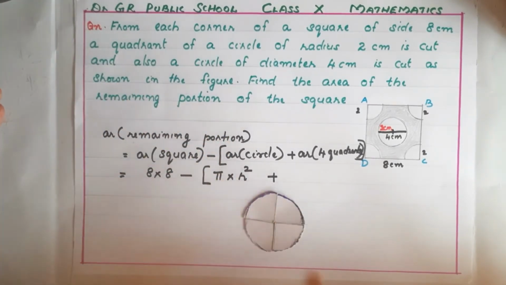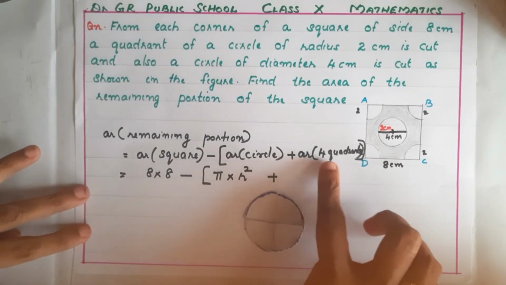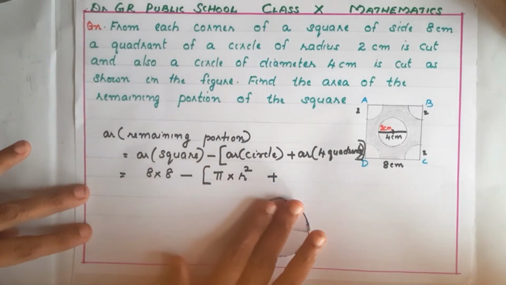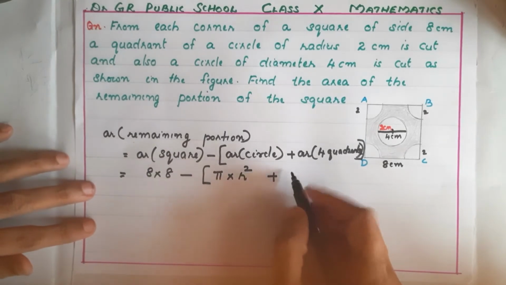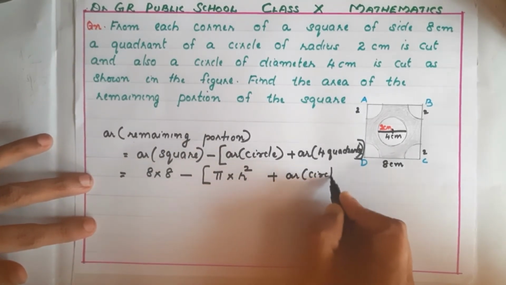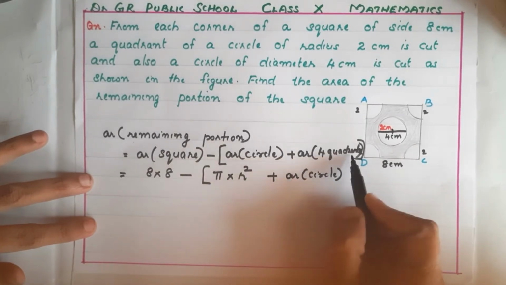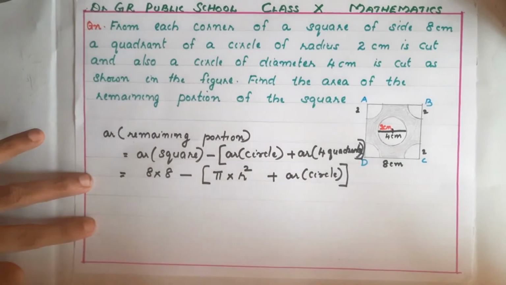A circle itself, isn't it? So instead of finding the area of 4 quadrants, we can find the area of a circle. So area of 4 quadrants is equal to the area of one circle.